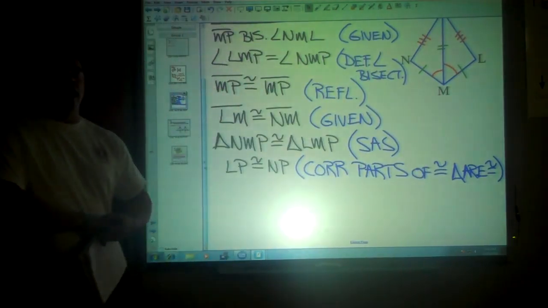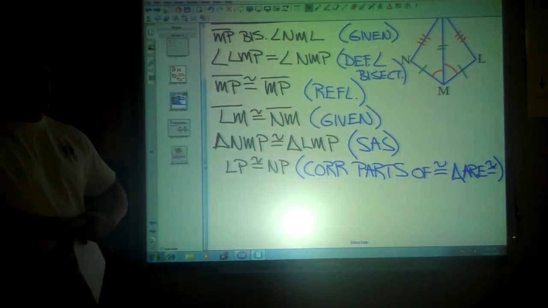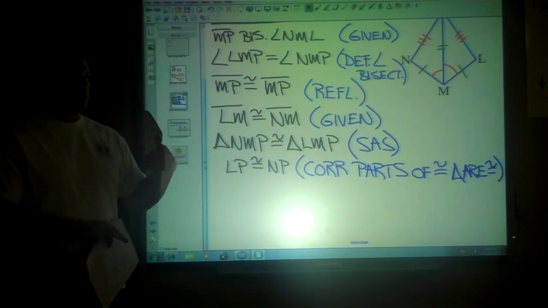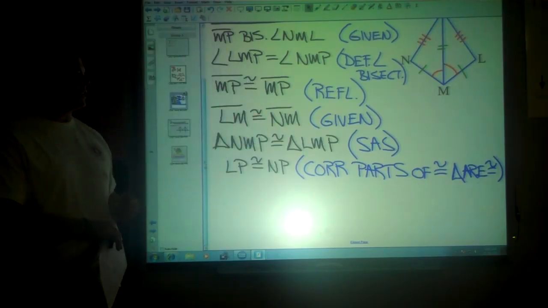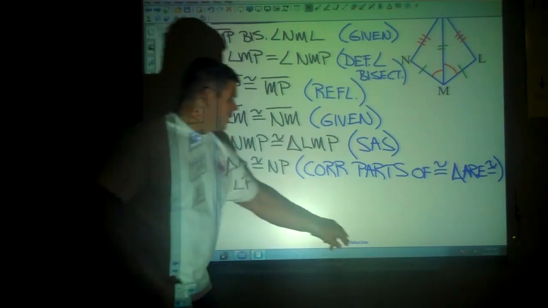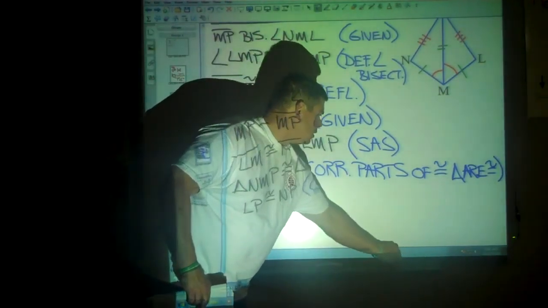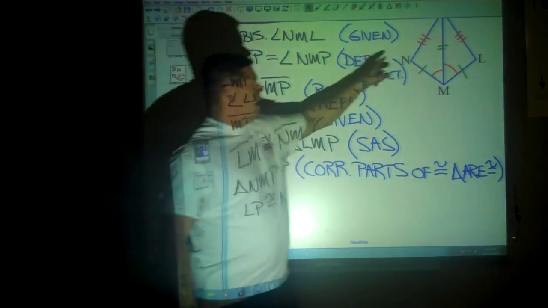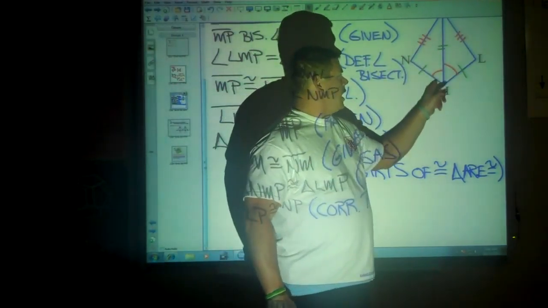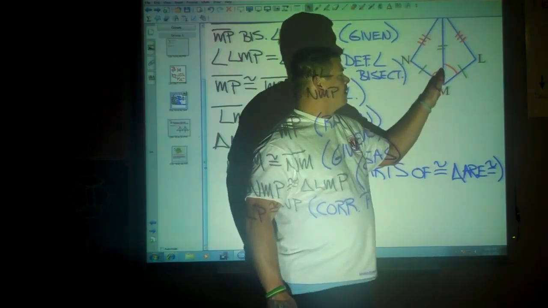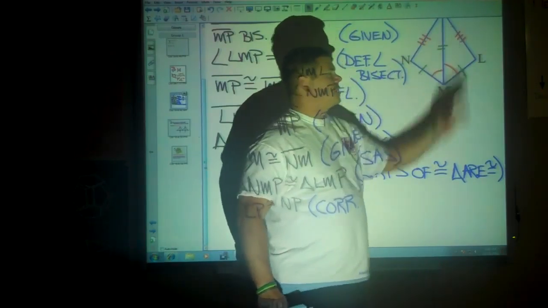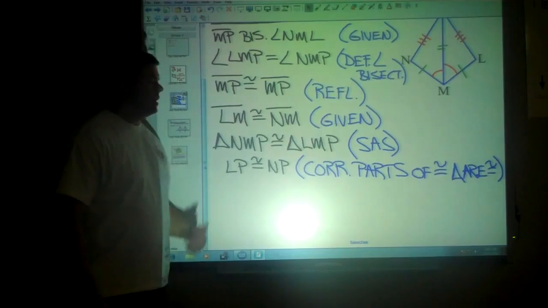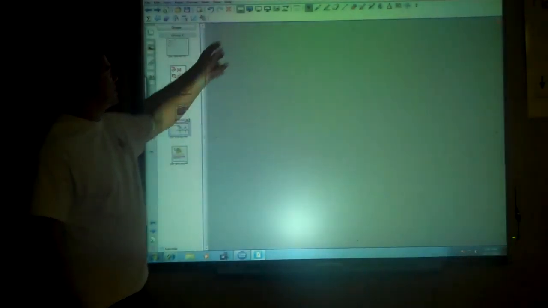If you actually have two congruent triangles, then every part of them is going to be congruent with a corresponding piece on the other triangle. Corresponding parts of congruent triangles are congruent. N is the same as L. This line is the same as that line. The middle is the same for both triangles. That side is the same as that side. Because I proved they were congruent, I knew they were all going to be the same.